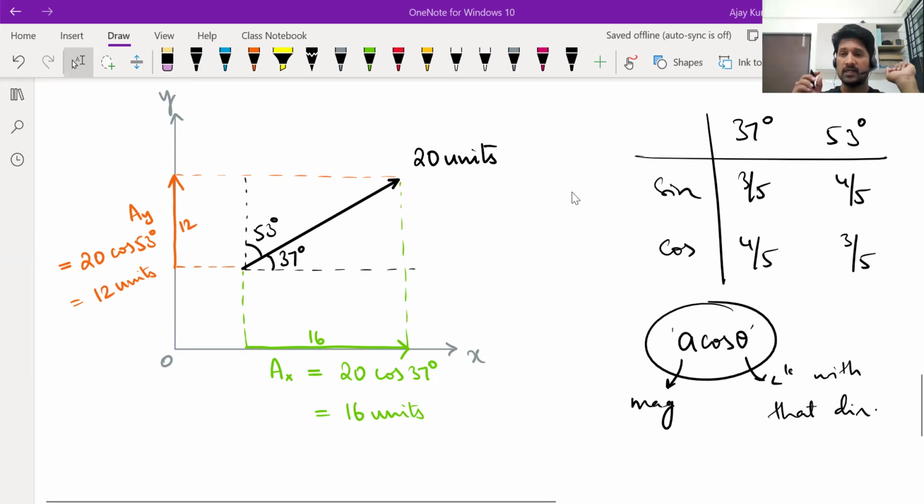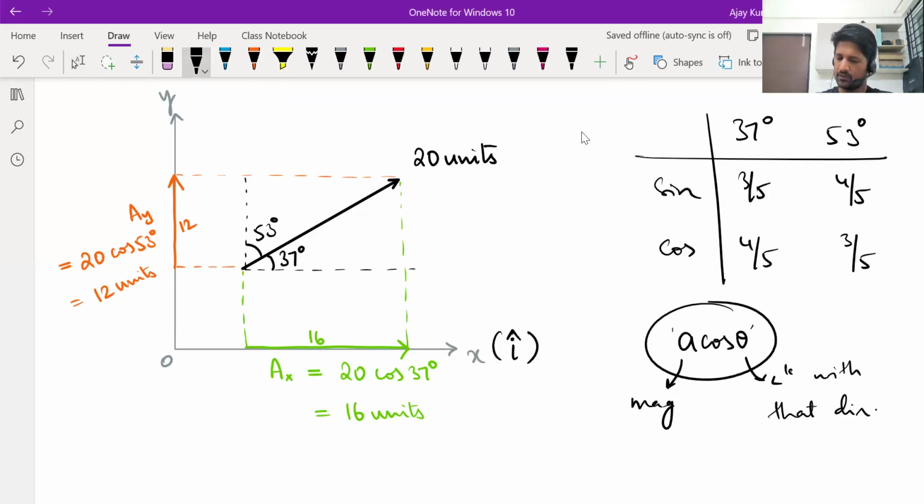Okay. What is the standard unit vector in the positive x direction? Sir, I cap. I cap. Okay. I cap is the unit vector, means its magnitude is 1 unit in that direction.